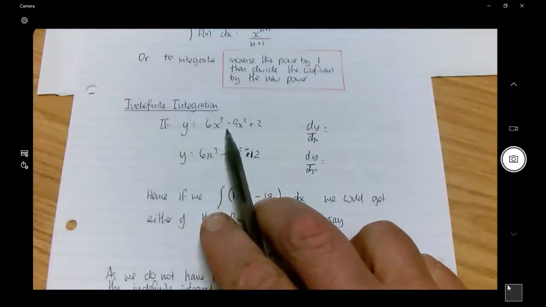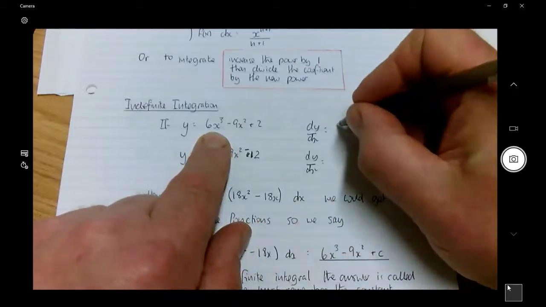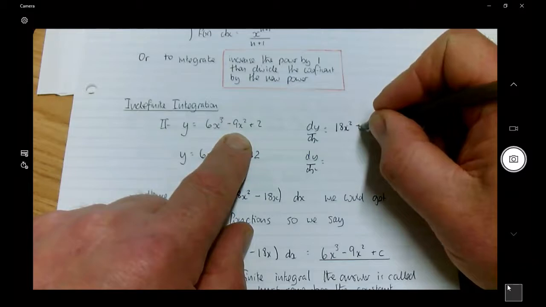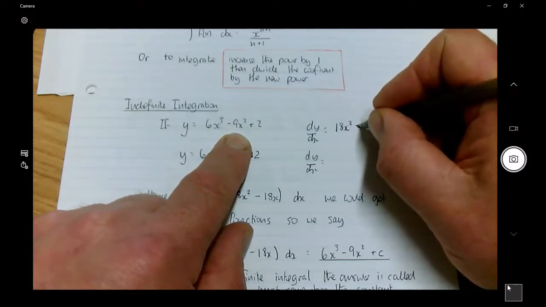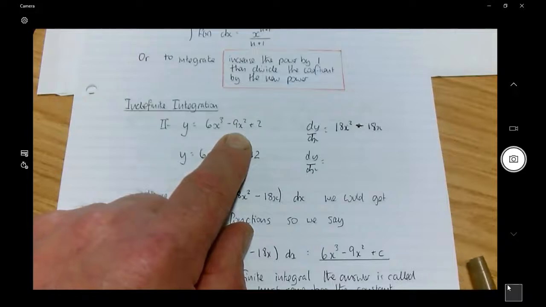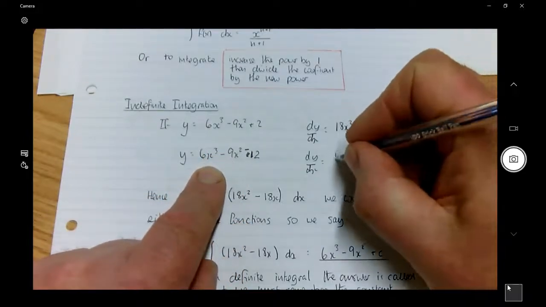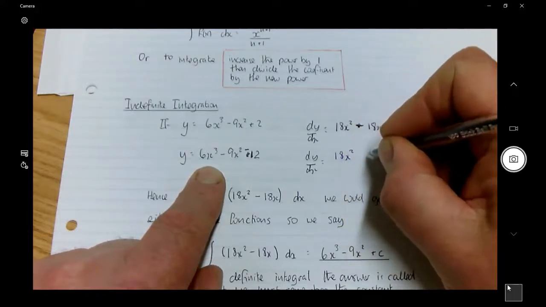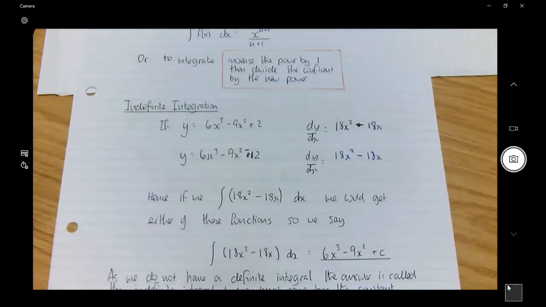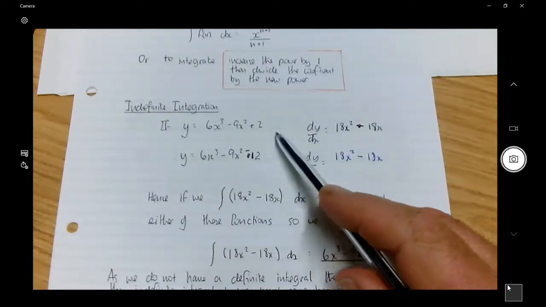If I differentiate this, I would get 18x squared minus 18x. And if I was to differentiate this, I would get 18x squared minus 18x. You'll notice when you differentiate, the constants or the numbers disappear.